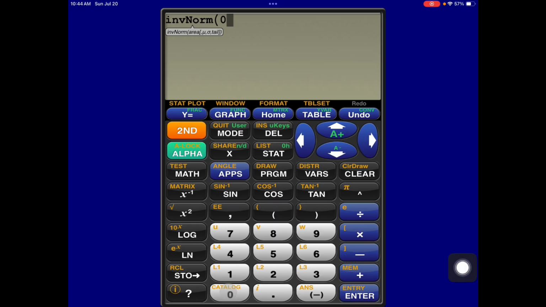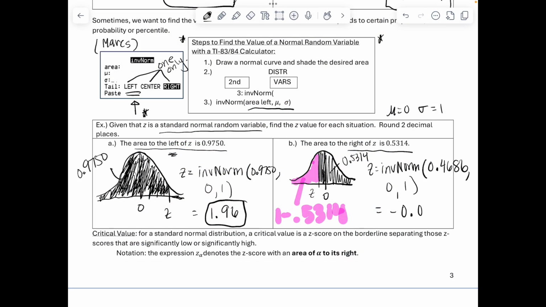We're going to type in the area to the left, which is 0.4686, comma, the mean, which is 0, comma, the standard deviation, which is 1. Close your parentheses and select enter. Rounded to 2 decimal places we get negative 0.08. And we do have z a little bit smaller than 0, so it does make sense to get a negative answer for this.